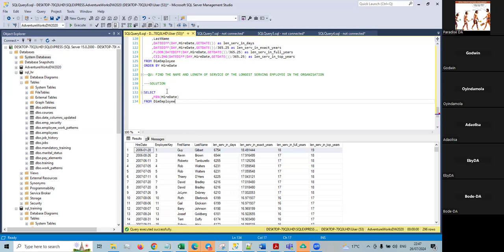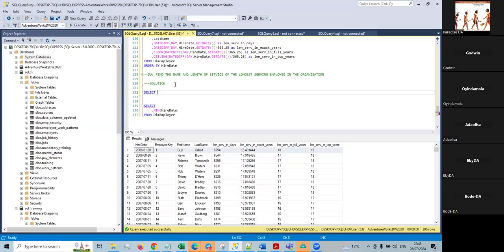Okay. Let me just go to the full solution. So what are we looking for? We are looking to select the attributes that they've asked us to look for.